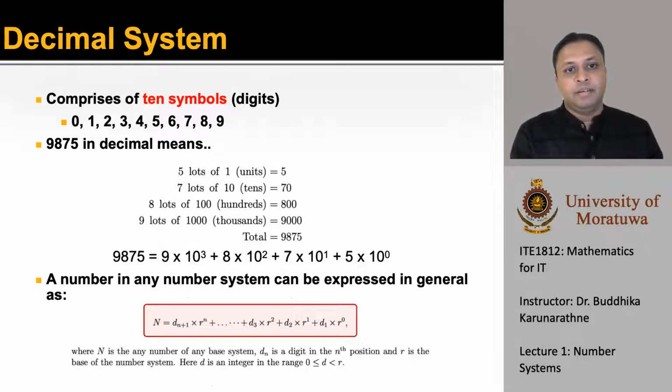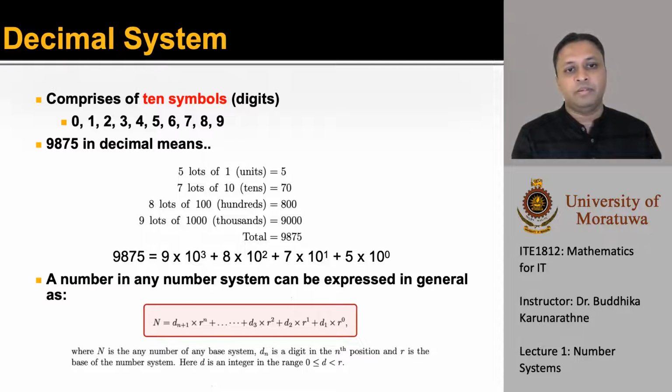Similarly, the digit 8 should be multiplied by 100, which is the place value, to get 800. And the digit 9 should be multiplied by 1000 to get 9,000. And you add up all these values, you will get 9,875.